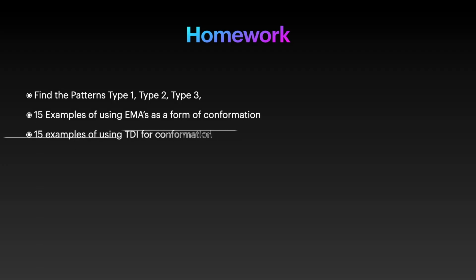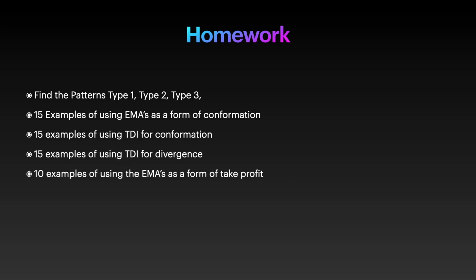Give me 15 examples of using the TDI for confirmation, meaning where the TDI itself is helping you confirm the actual trade setup. Give me 15 examples of using the TDI for divergence. And 10 examples of using the EMAs as a form of take profit.